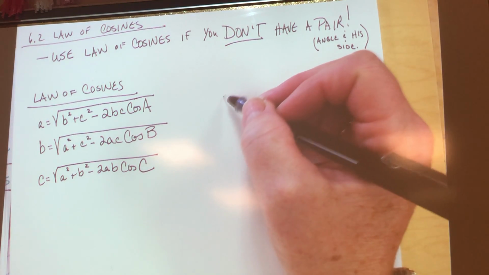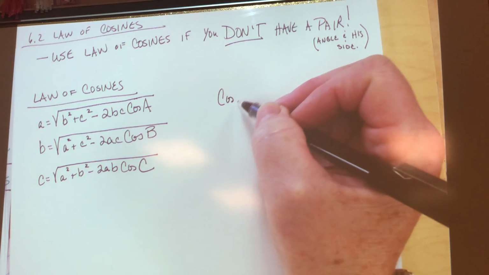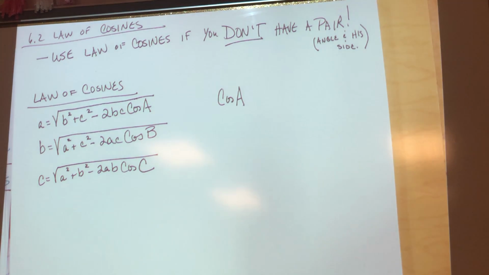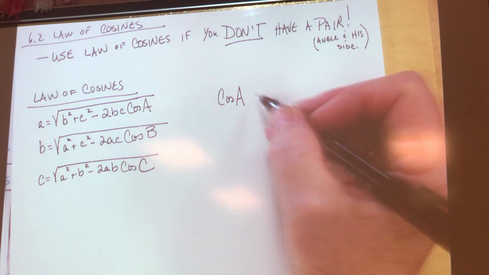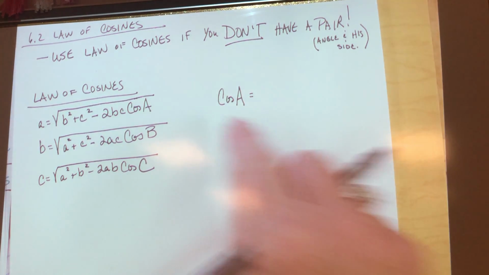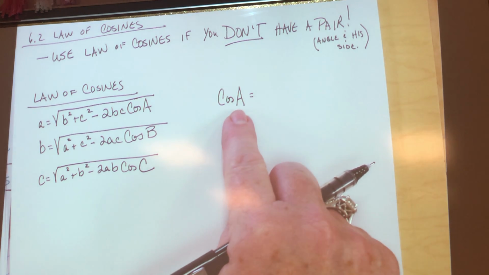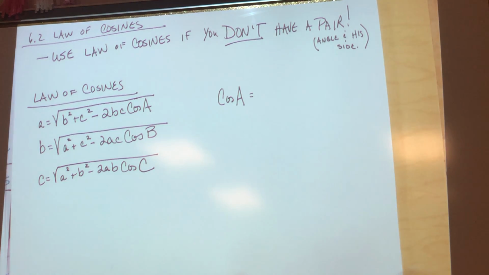The other part is if you're given 3 sides. That has a stipulation on it, and when I work that problem, I'll tell you what the stipulation is. It's very important. This is going to be when you're looking for an angle. Obviously, when you're looking for an angle, what are you going to use on your calculator? Inverse function.